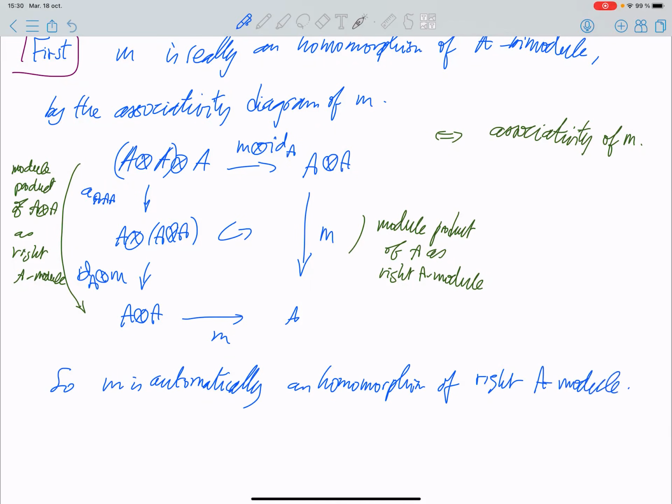And similarly, M is automatically a homomorphism of left A module.